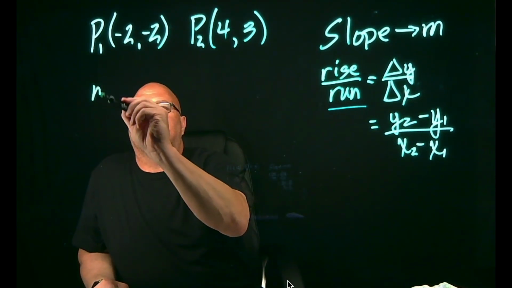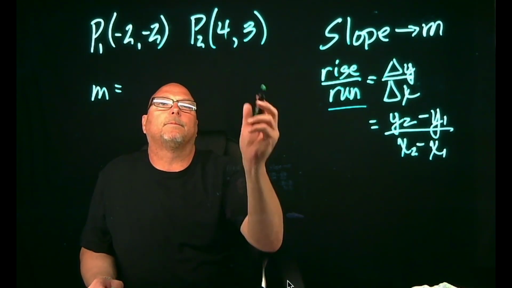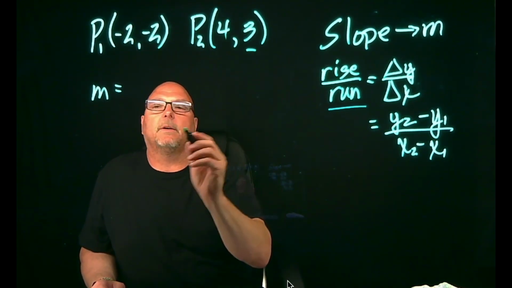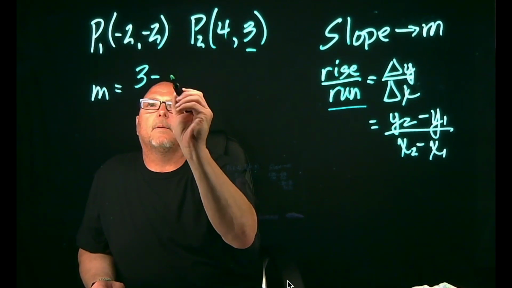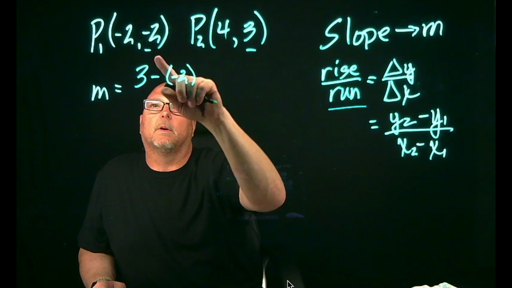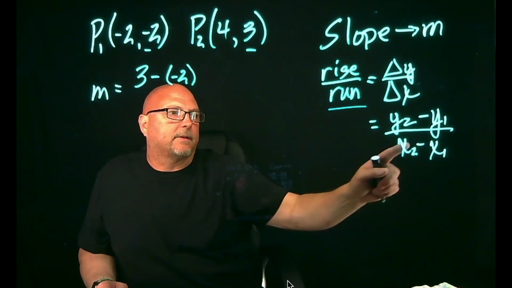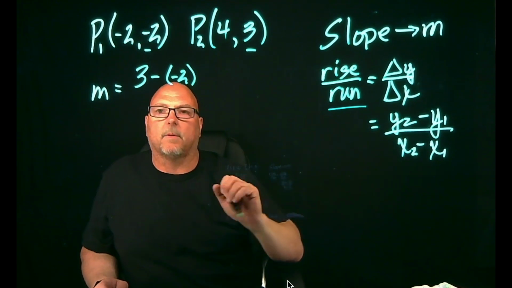I would use this formula that says y sub 2, which is 3, minus y sub 1, which is -2. Be very careful. This negative sign is not the same as the negative that's in this formula.